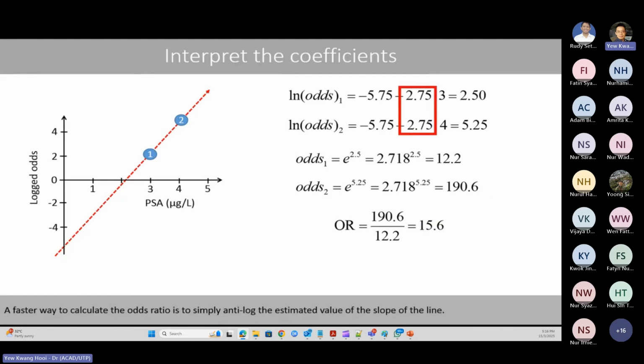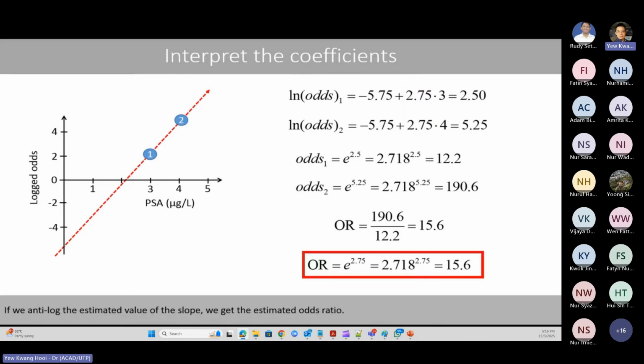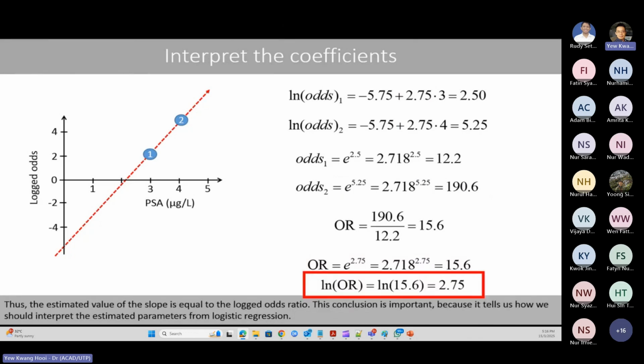A faster way to calculate the odds ratio is to simply antilog the estimated value of the slope of the line. If we antilog the estimated value of the slope, we get the estimated odds ratio. Thus, the estimated value of the slope is equal to the logged odds ratio.